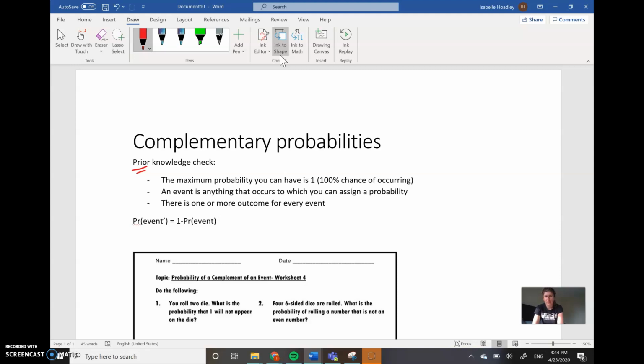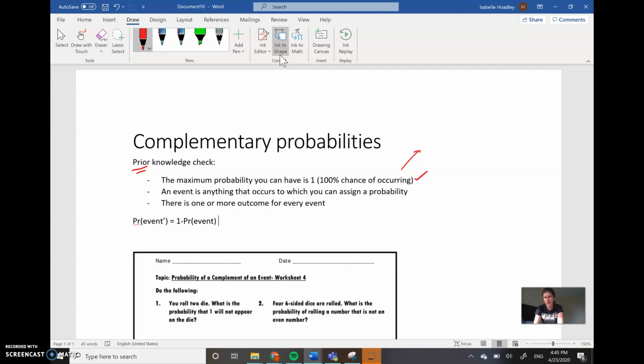So the first one is, and again we mentioned all of these the other day, the maximum probability you can have for any single outcome is 1, which means that there's 100% that it is going to occur. You can also have multiple probabilities.